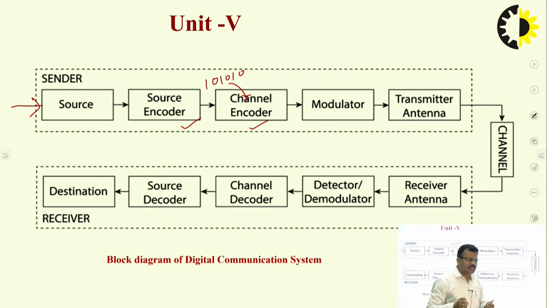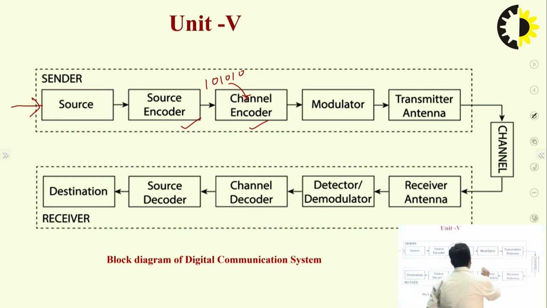The channel encoder accepts your digital data and it will detect whether error is present or not, because in digital communication our data is so big that the chances of error will be more. If you are getting 1 instead of 0 and vice versa, error will be there. So error detection and correction is a very important part. So after source encoding, the channel encoder handles the error.